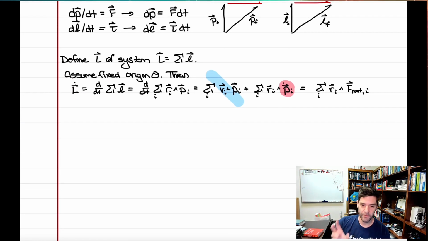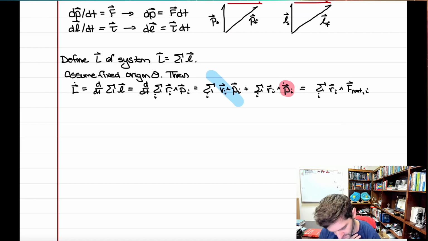Now, similarly to what we did with regular momentum, where we took that net force and broke it up into two parts: one part of all the forces that were external to the system, and one part that was all the inter-system interactions going on within the system. So I'm going to write this as two sums.